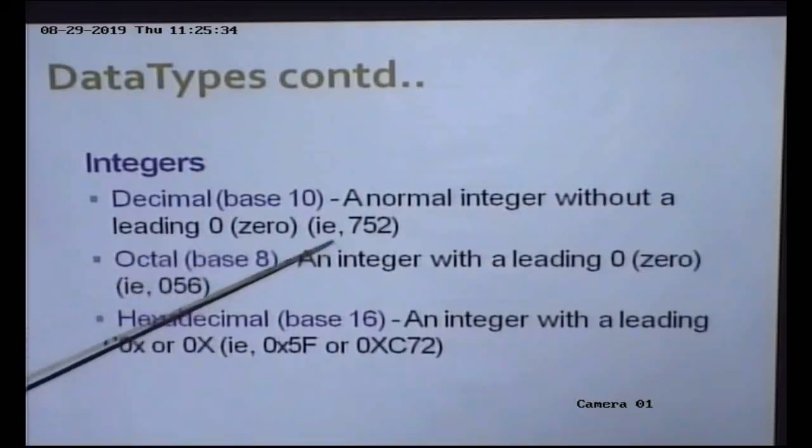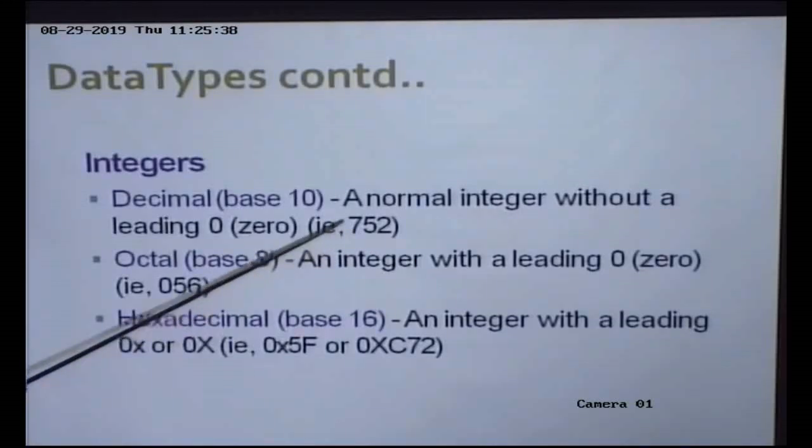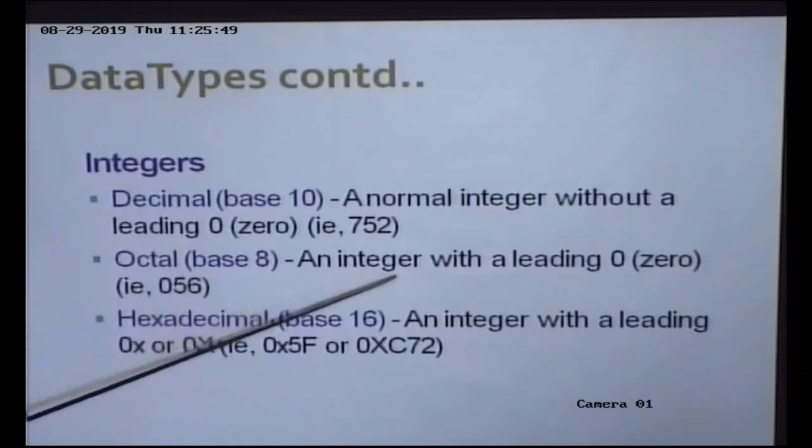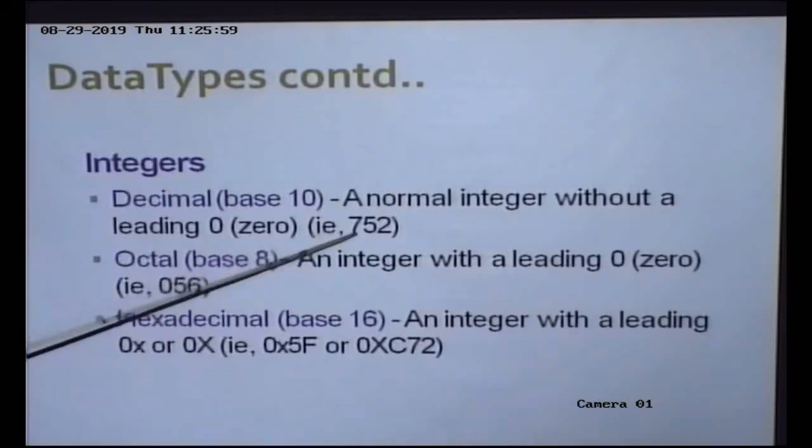For example, 752 is a normal integer value without a leading 0, so that is represented as a decimal integer. Next, an octal value: an integer with a leading 0 is an octal integer. For example, 056, where 0 is introduced before 56, is an octal value, whereas 56 alone is a decimal integer because there is no leading 0.